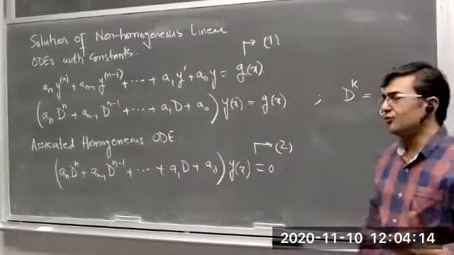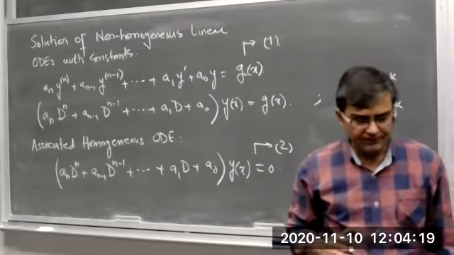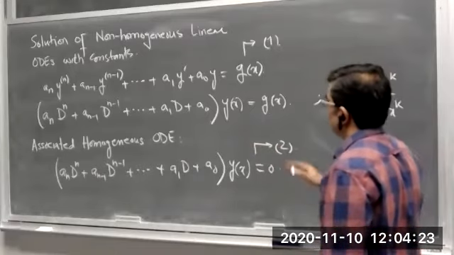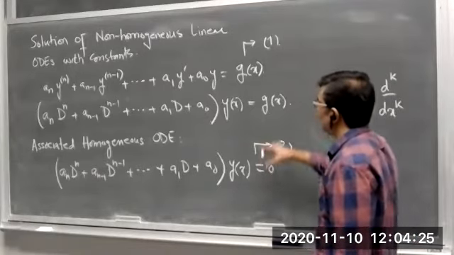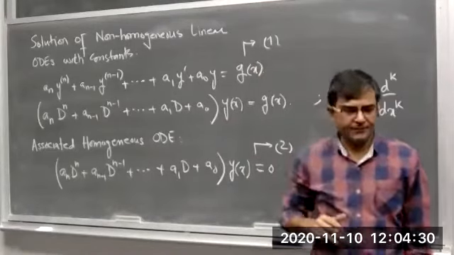We can write the general solution of this homogeneous differential equation. We have discussed in detail how to solve this. Now today we are going to discuss how to solve this non-homogeneous differential equation.